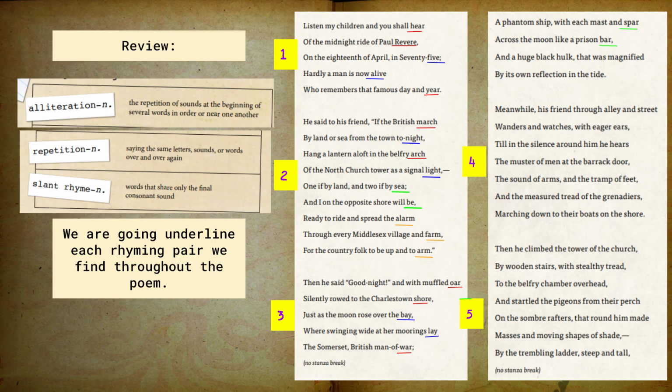So there'll be instances where the rhyming is back to back, and instances where it's spread out. Just make sure that you are using the same color for the same set of rhyming words, like I did with march and arch, and then a different one for night and light.